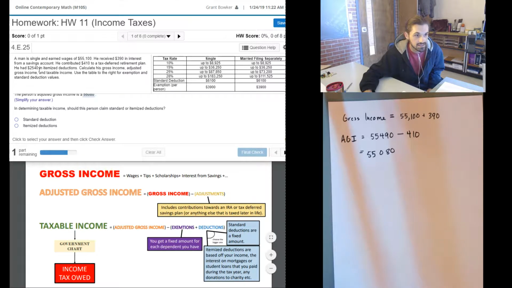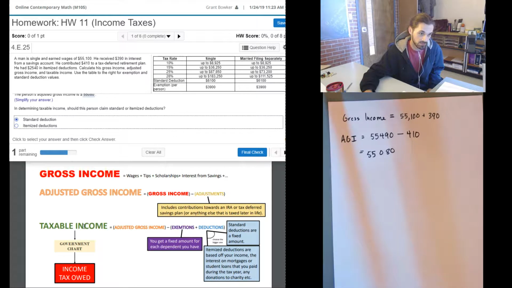This individual had $25.40 in itemized deductions, or they could take the standard deduction of $6,100. $6,100 is more, so we're going to choose the standard deduction. Recognize we want the largest deduction because the larger the deduction, the smaller my taxable income will be, and the smaller the taxable income, the more of my money I get to keep. It's a novel idea.